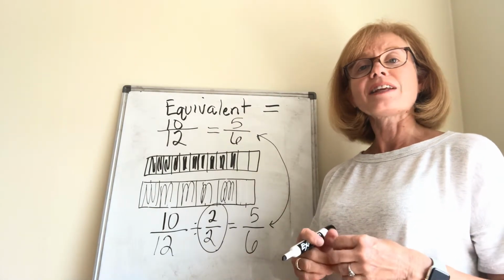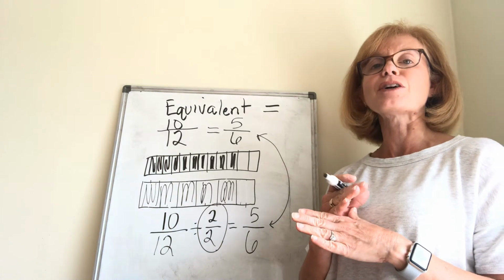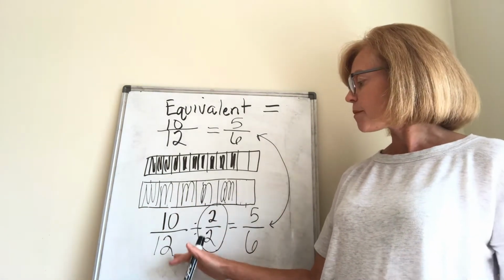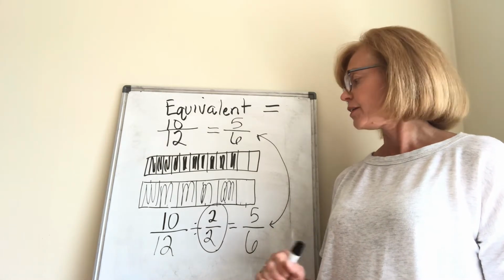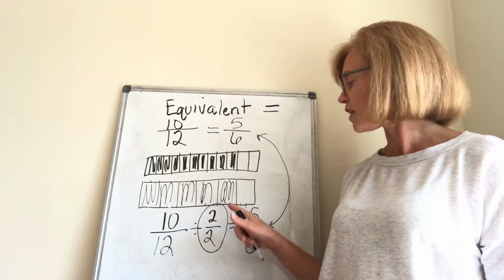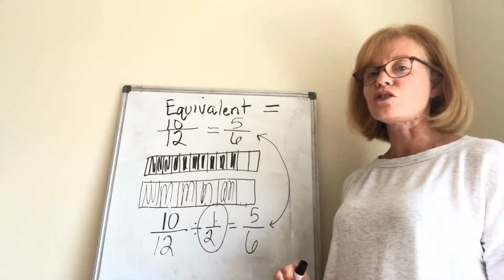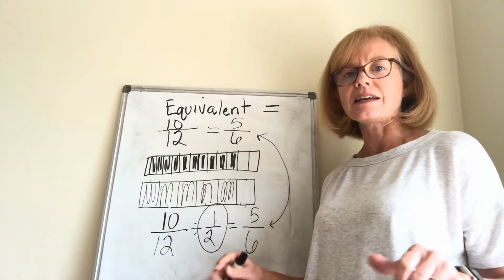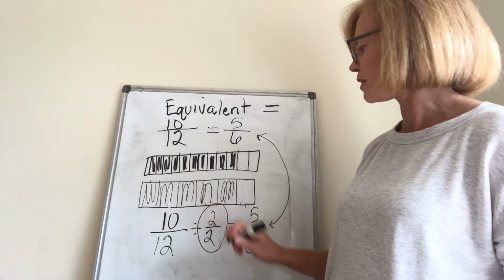Well, now we're doing the same thing, only instead of multiplying by the same number, the numerator and denominator must be divided by the same number. Both must be divided by 2. If I divide one of these by 1 and one of them by 2, this is not going to be an equivalent fraction. I've got to divide both by 2.